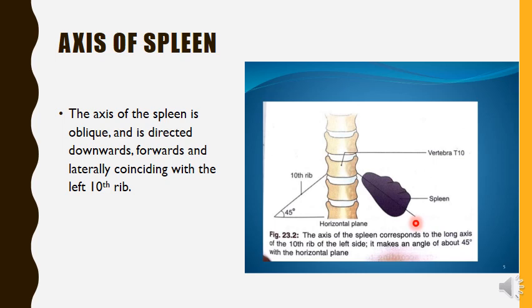So the long axis of the spleen corresponds with the left 10th rib, and it makes around 45 degrees angle with the horizontal plane. If you take an imaginary horizontal plane here, this axis will make around 45 degrees angle with the horizontal plane. So that is the axis of the spleen coinciding with the left 10th rib.